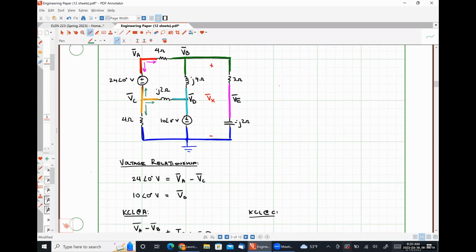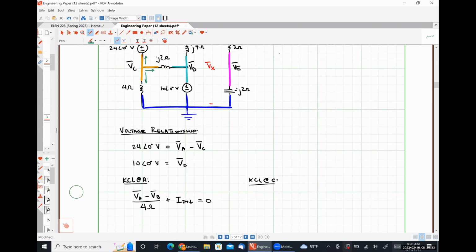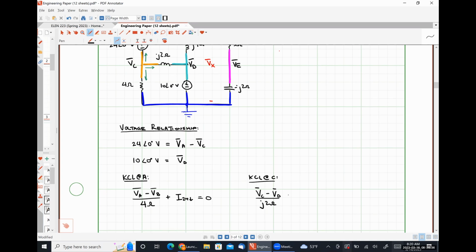The current flowing to the right through our j2 ohm inductor is going to be VC minus VD over j2 ohms. My current flowing down is going to be VC over 4 ohms.